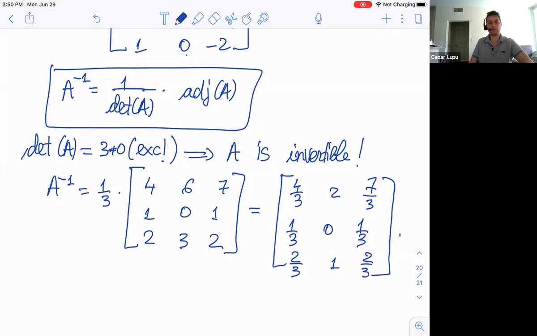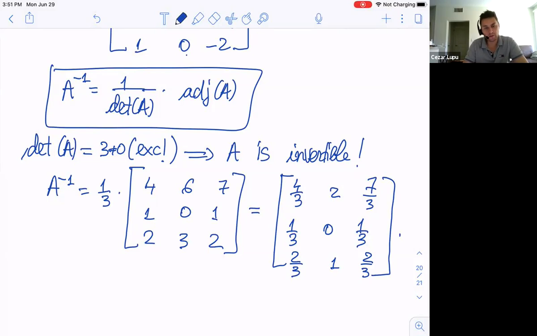So that's the way you compute the inverse of a matrix using the adjugate. Keep in mind, once again, the procedure is that you compute the determinant. First of all, we know that the matrix is invertible if and only if the determinant is non-zero, so you have to compute that.